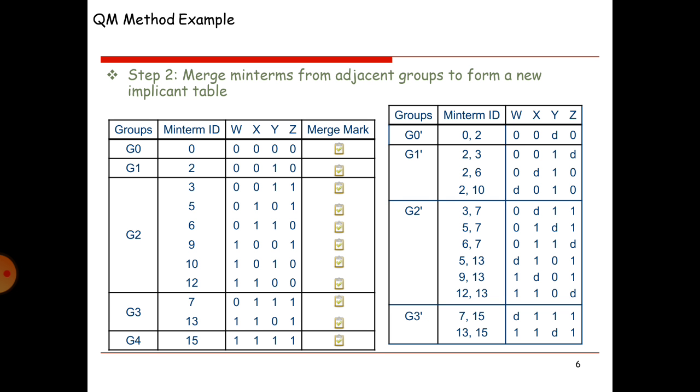You compare each min-term ID with 7 and 13, and make it a group for G2 dash. So that is filled in the G2 dash column. The min-term IDs are 3 7, 5 7, 6 7, 5 13, 9 13, 12 13.